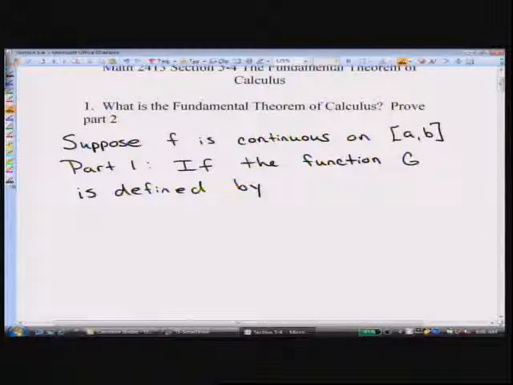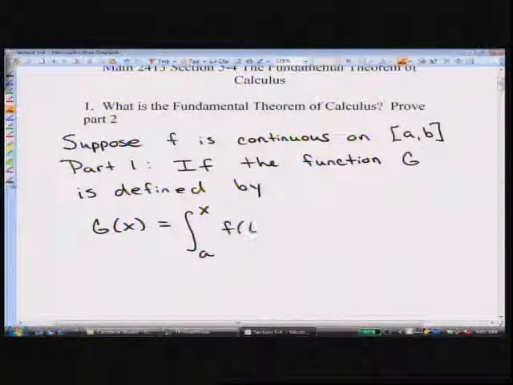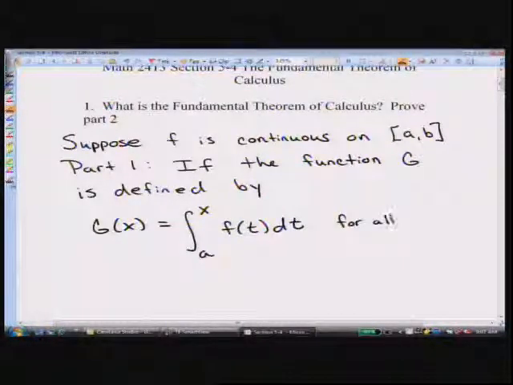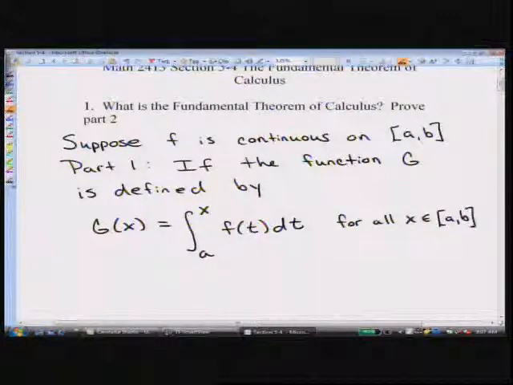All right, so here's a new function, g, in terms of x. It's going to be defined by an integral from a to x, there's my variable, x, of f of t dt for all x in [a, b]. Okay, so that's my function.